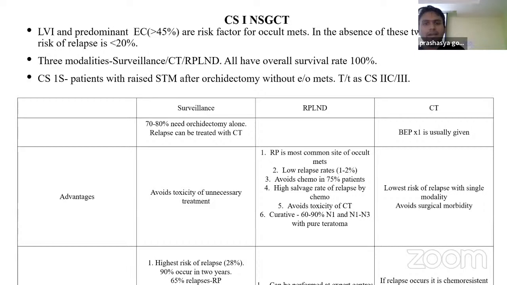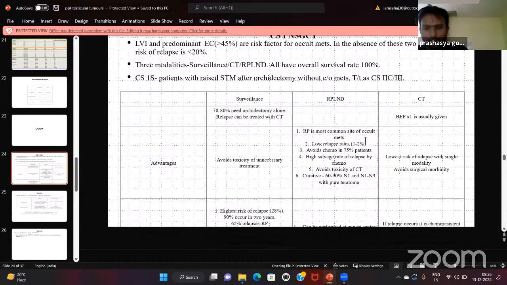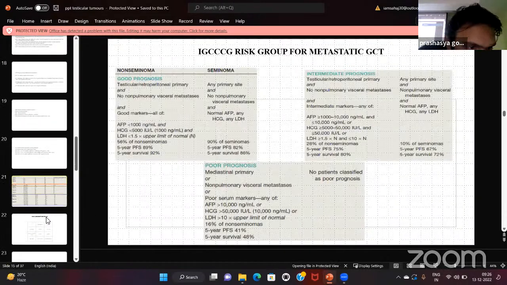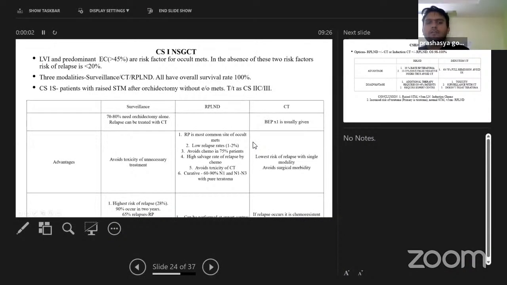For management of clinical stage 1 of a non-seminomatous tumor, in pathology we have to look for two factors: the presence of lymphovascular invasion and a predominant embryonal cell carcinoma component greater than 45%.